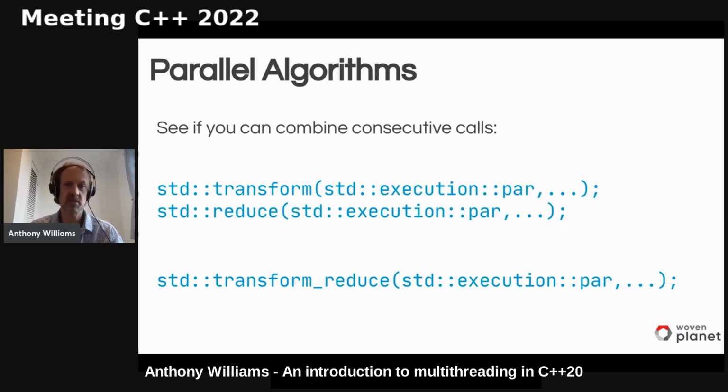So using the C++20 ranges library in order to map and adjust the data that's being accessed so that you can make it into a single transform reduce call. And that will therefore help with the parallelization. But it can be complex to make that work.